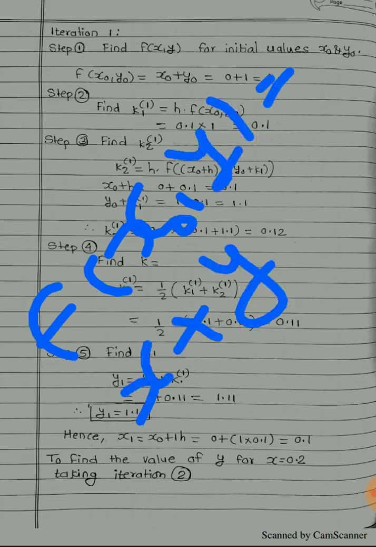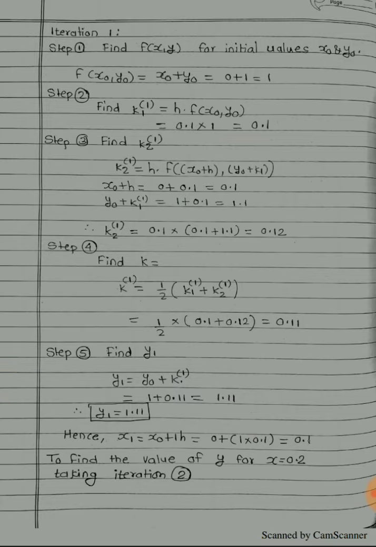If I want x0, y0, I will make it x0, y0 here. x0 is 0, y0 is 1. So if I put these values, I will get f of x0 comma y0 equal to 1. This is the first step.